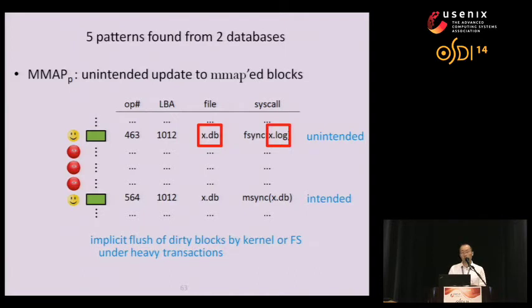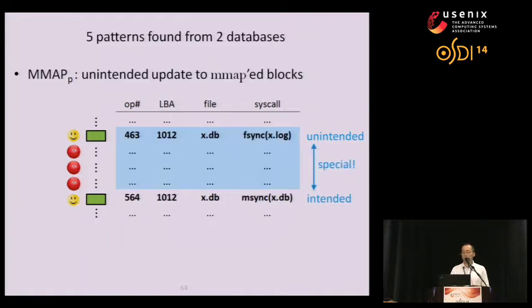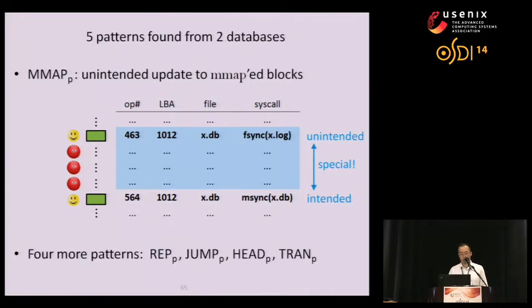Such unintended update may be caused either by the kernel thread or by the file system under heavy transactions. And the underlying database file may become inconsistent until the next intended update. So the mmap pattern considers the fault points between the 2 updates as special. And there are 4 more special patterns in the paper.